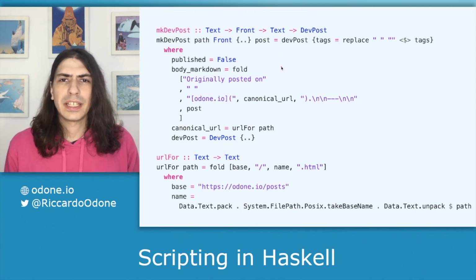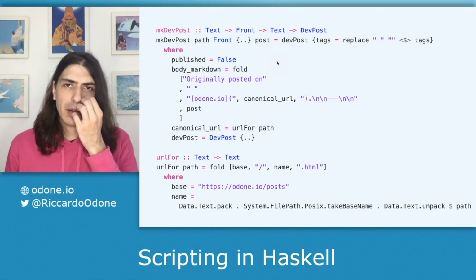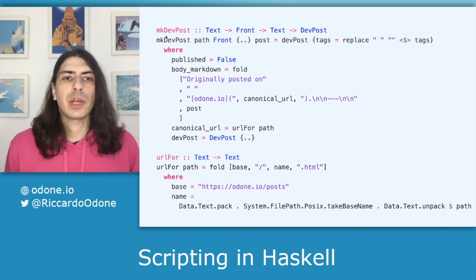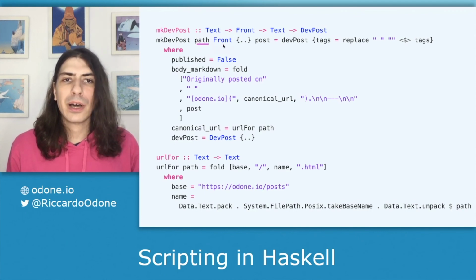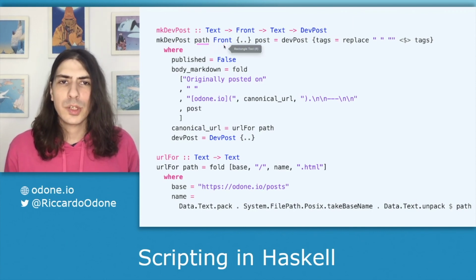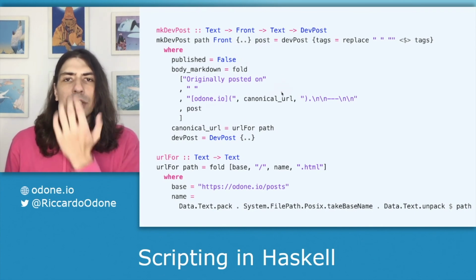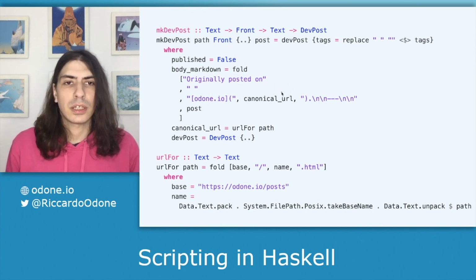Finally, here we can take a look at what we are specifically sending as a DevPost. As we've seen above, we are creating a DevPost using the path to the blog post on the disk, whatever was parsed in the front matter, and the content of the post. You can take a look here. There's nothing incredibly interesting.